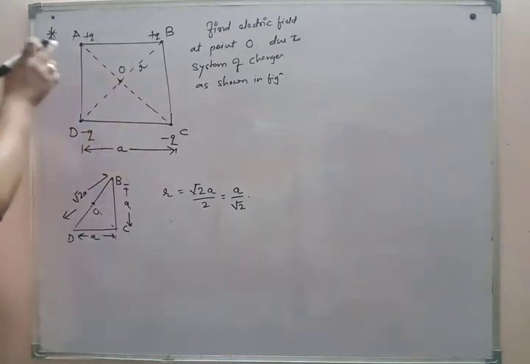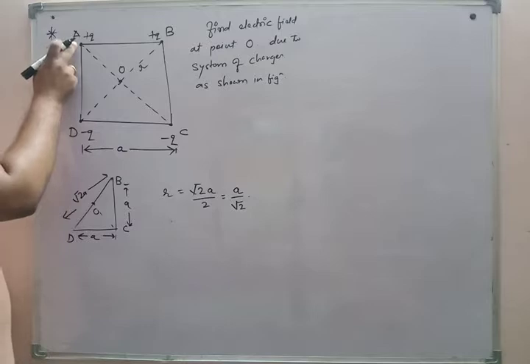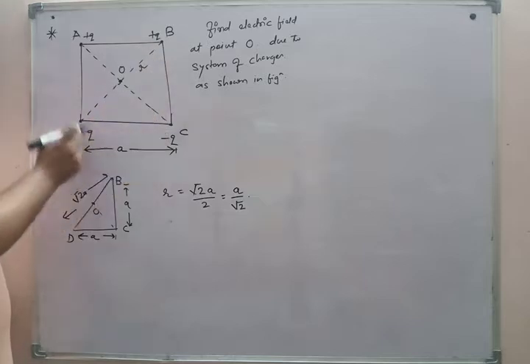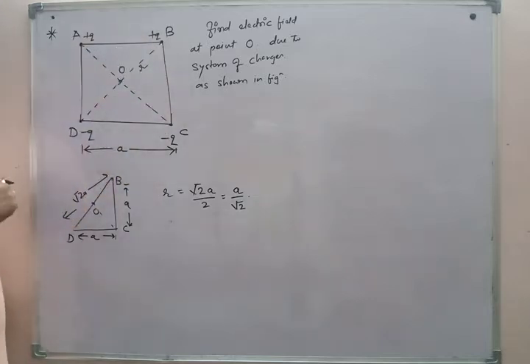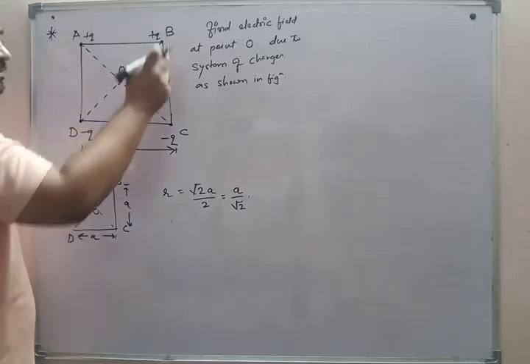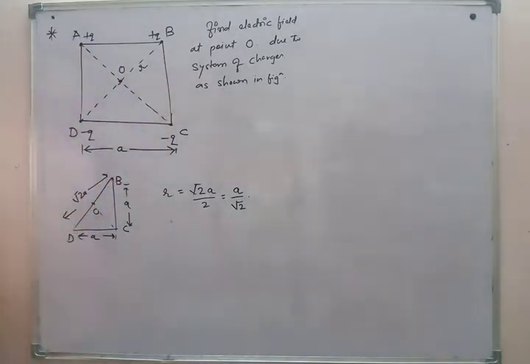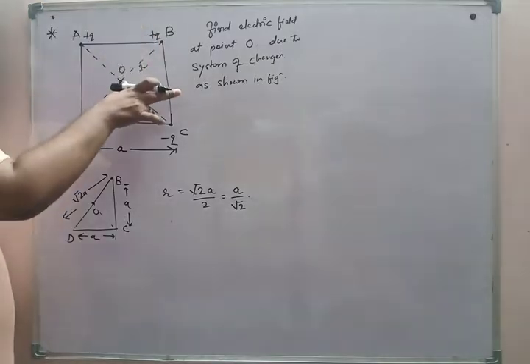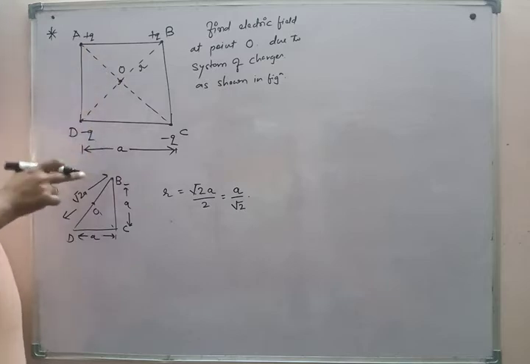Now as we can see, all these charges placed at A, B, C and D have the same magnitude, equal to Q, and the distance of each charge from this point O is also the same, a by root 2.